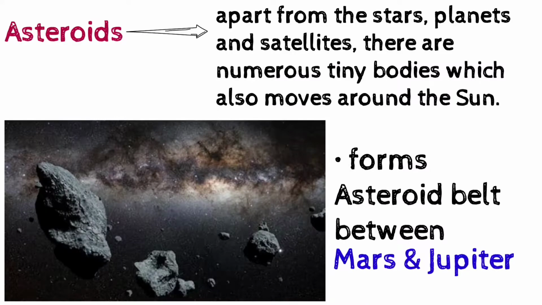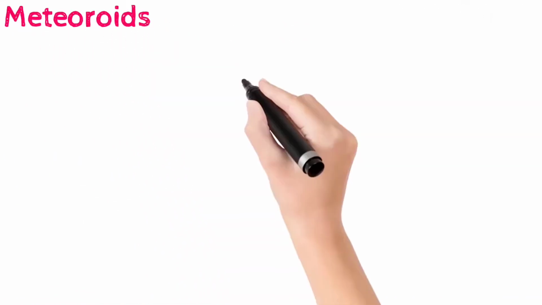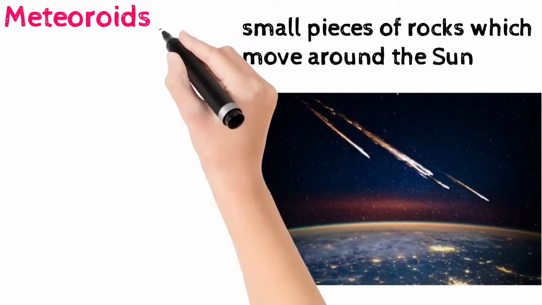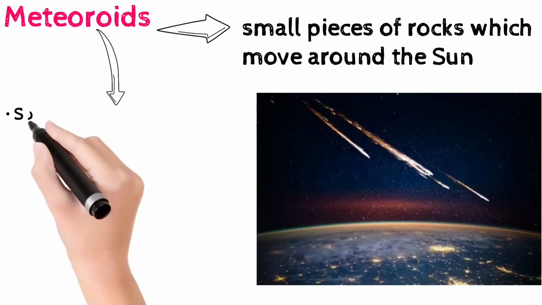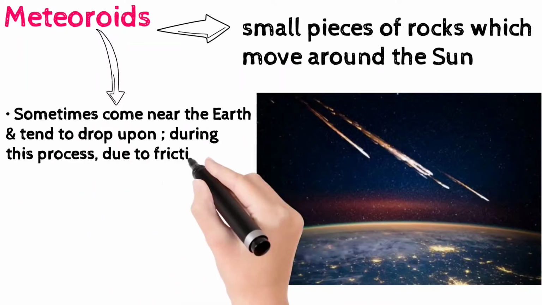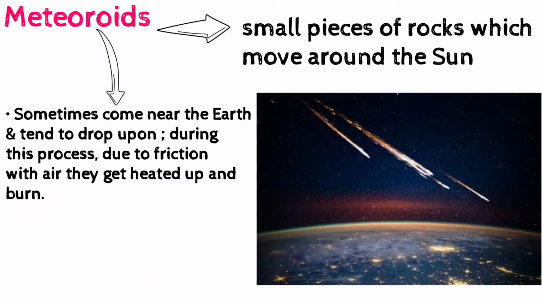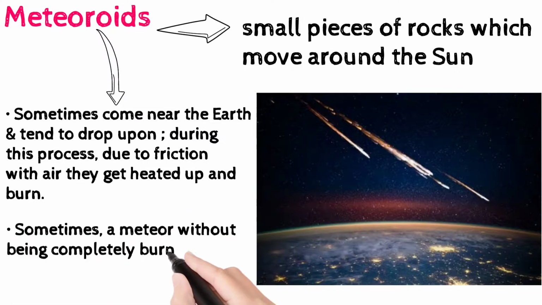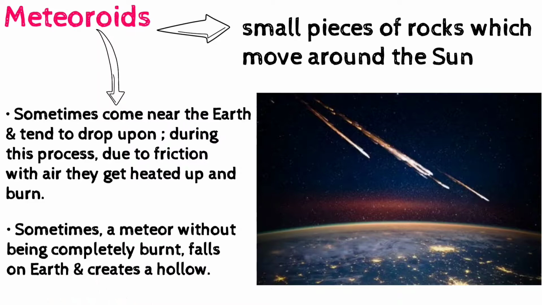And meteoroids. Meteoroids are small pieces of rocks which move around the sun and sometimes come near the Earth and tend to drop upon it. During this process, due to friction with air, they get heated up and burned. Sometimes a meteor, without being completely burnt, falls on Earth and creates a hollow.